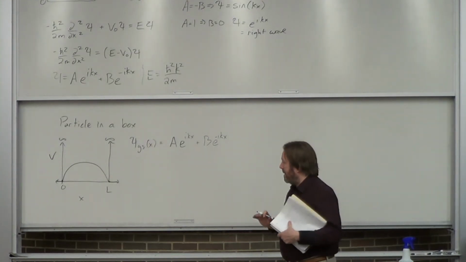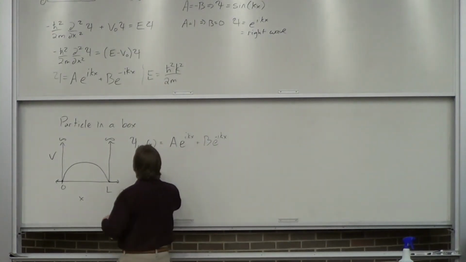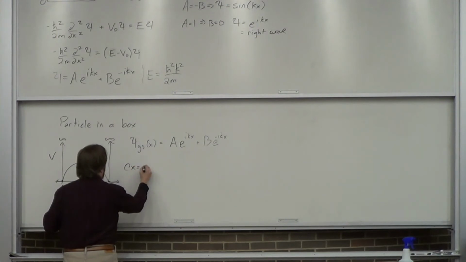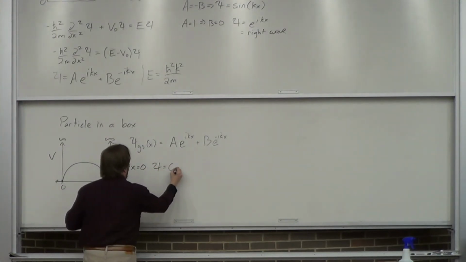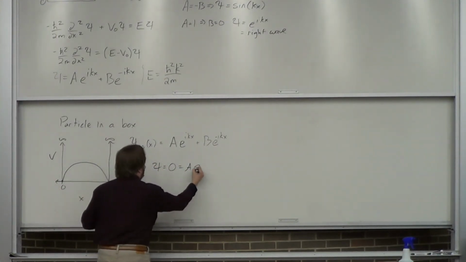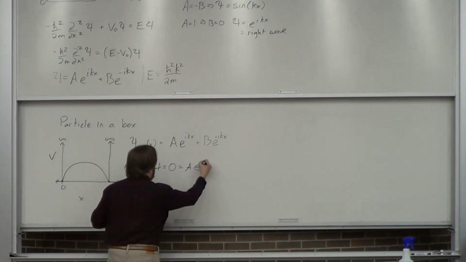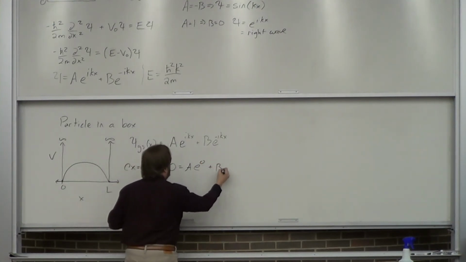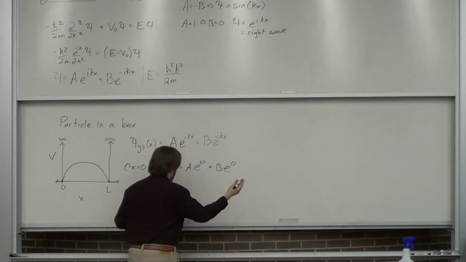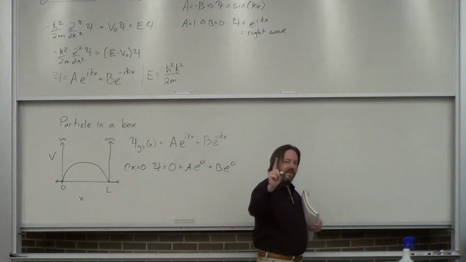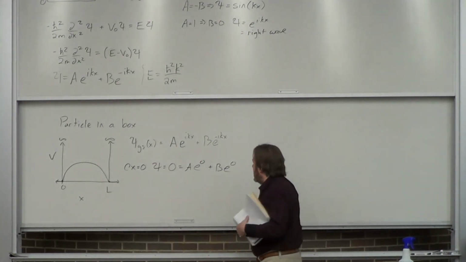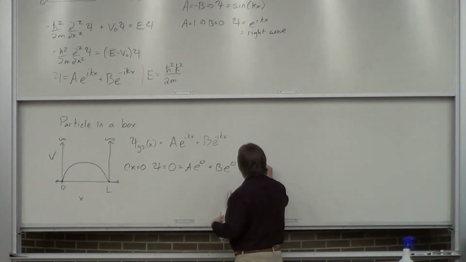It can't do that. So that means that the wave function at x equals 0, psi is equal to 0, is equal to a e to the 0 plus b e to the minus 0. E to the 0 is 1.